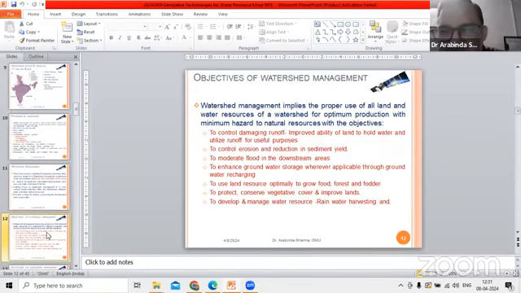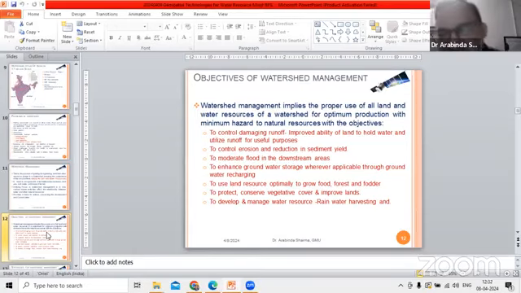Objective of watershed management, very common, to control the deterioration of land and water. Okay, if you consider these two, everything will come under it only. Suppose flood control, drought control, control of soil erosion, and so on, everything will come automatically.